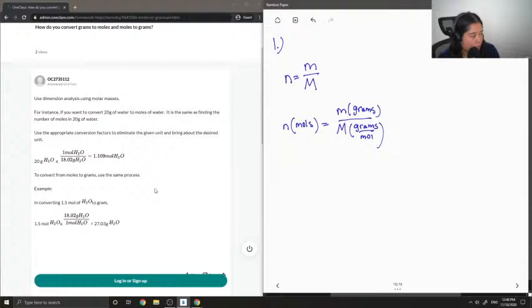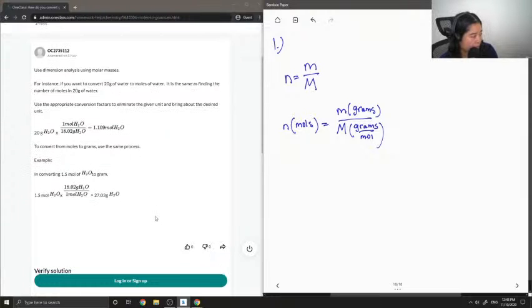So they have 20 grams of water, and then you divide it by the molar mass of water, which is 18.08 grams per mole. And they ended up calculating it to be 1.109 moles of water. To convert from moles to grams, use the same process.